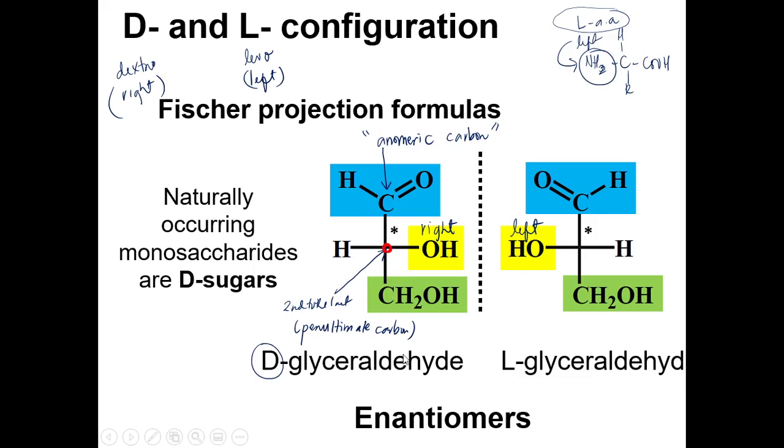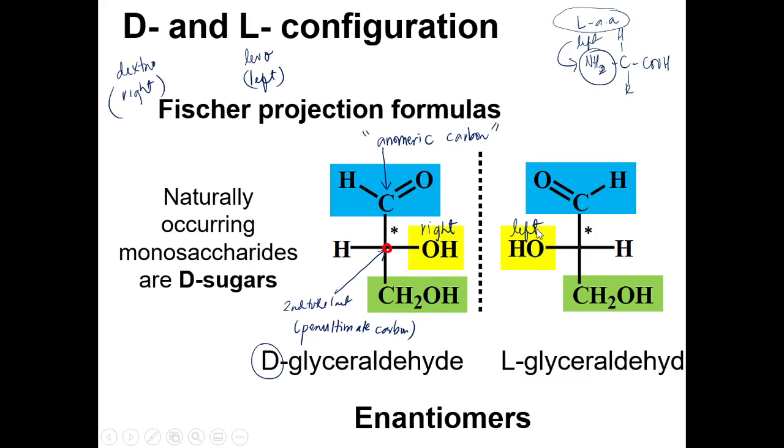We also have the discussion of D sugars and L sugars. Both are enantiomers. When you say D, your OH group is on the right, and we're pertaining to the penultimate carbon. So if the OH in the penultimate carbon is on the right, then you assign it a D configuration.